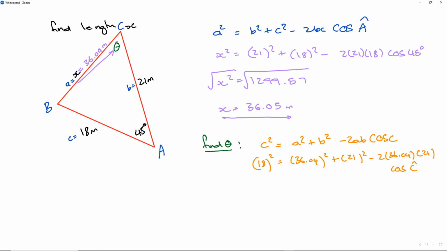and I can now simplify each and every part of this. So what is 18 squared? Let's start from the 18 squared. Gets me 324.